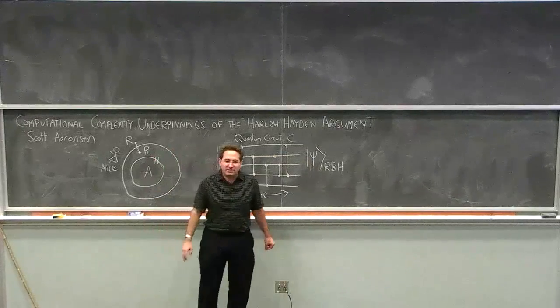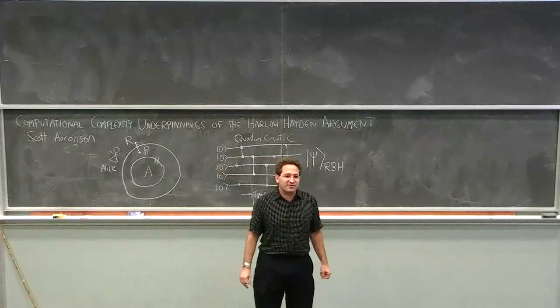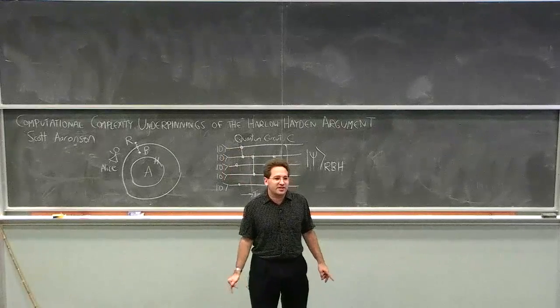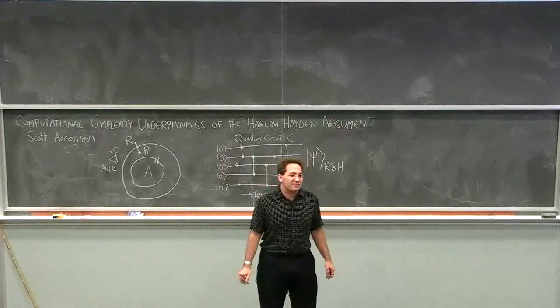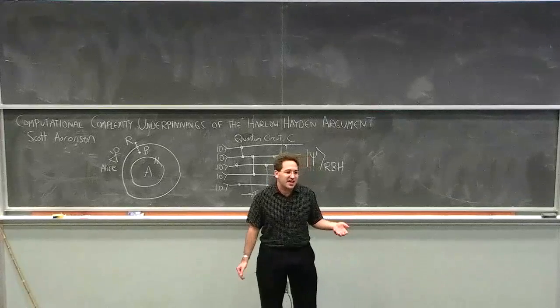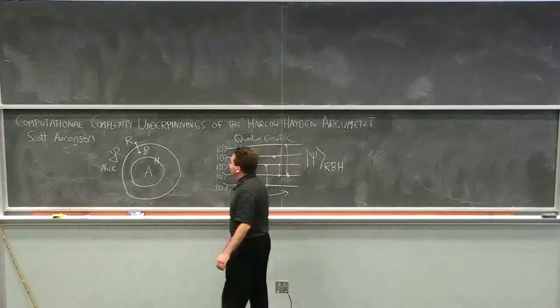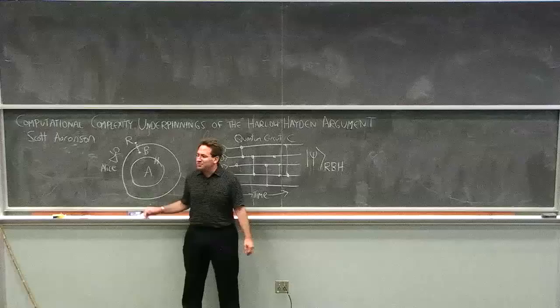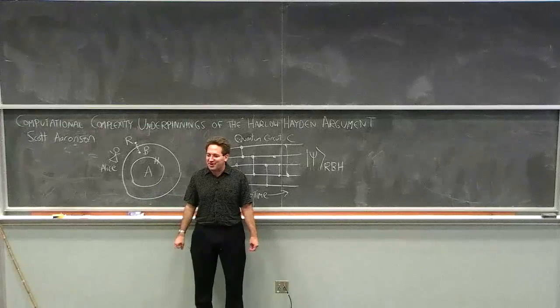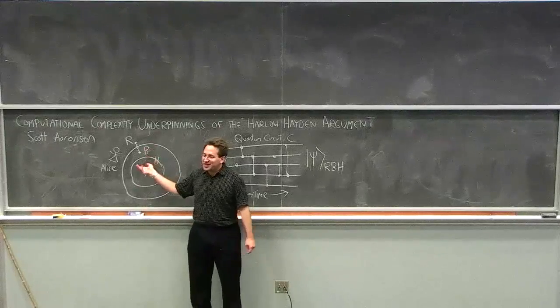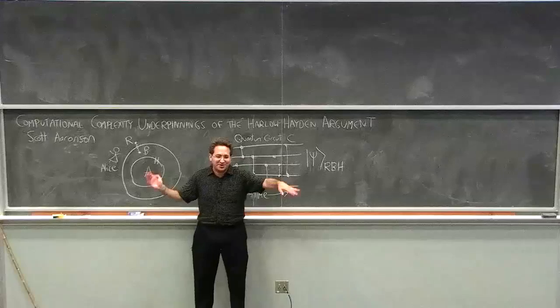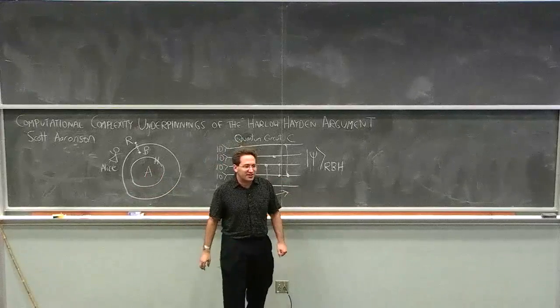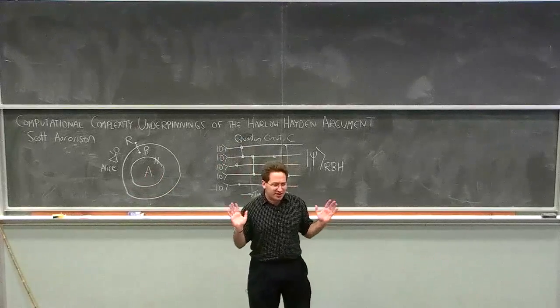Now, following Harlow and Hayden, I'll assume for most of this talk that Alice does not have access to B until the very end. Daniel tells me that the reason they make that assumption has to do with gravitational back reaction: if she goes in to get B, she's going to alter the state of the black hole.